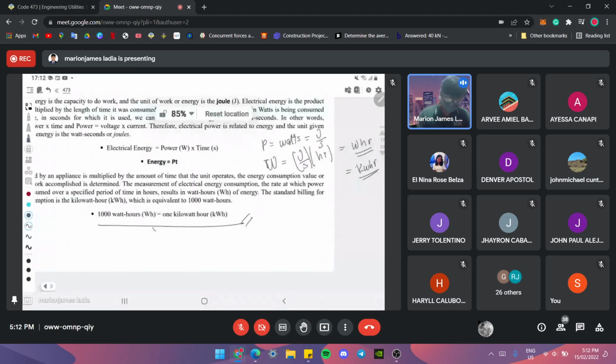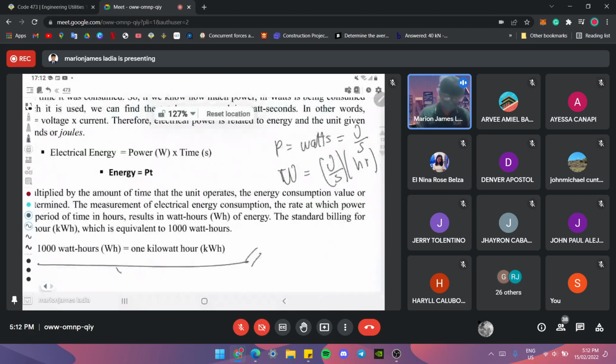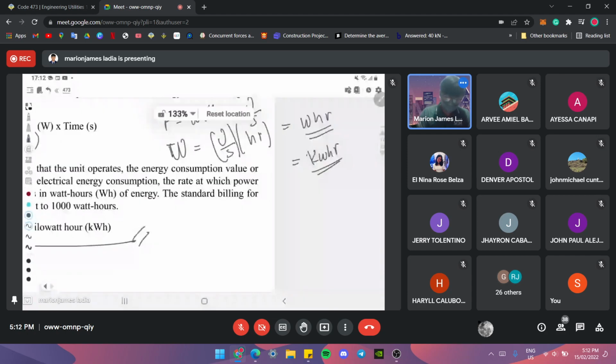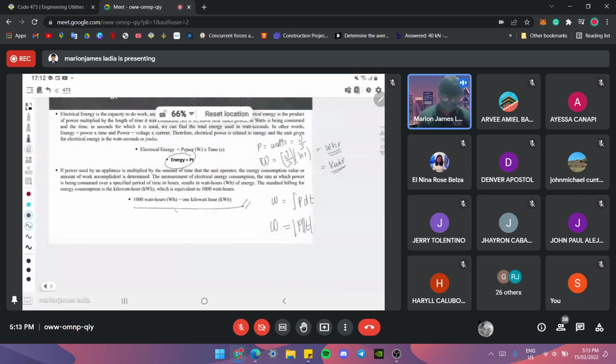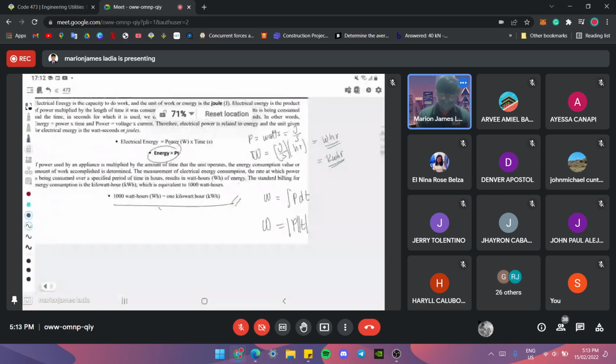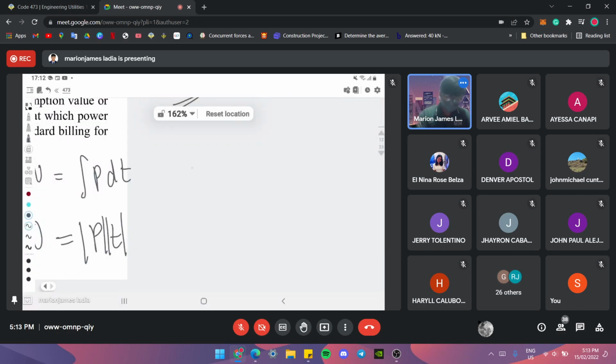So from this, pwede natin sabihin that kanina dinerive ko na to, that energy, so W is equal to the integral of P dt. Or in magnitude terms, W is equal to P multiplied by T. Okay? So yan. W is equal to P dt. But technically, we all know that V is equal to dW over dQ, no?